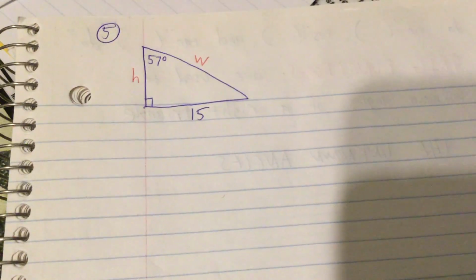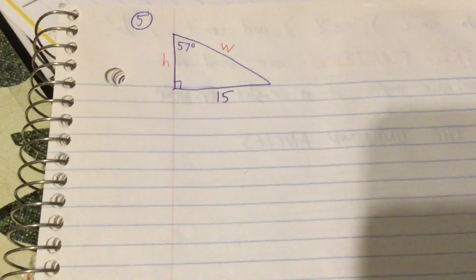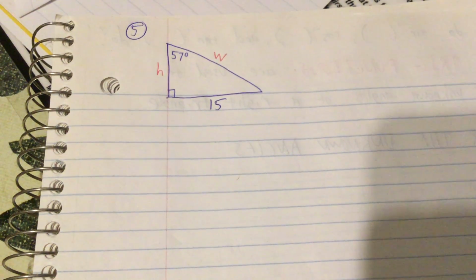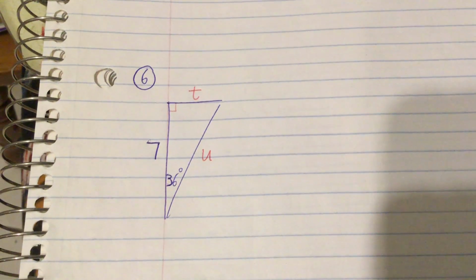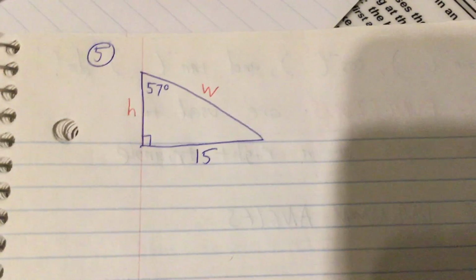Okay. All right. Number 5 and 6, we're going to be solving for H and W. And number 6, you're going to be solving for U and T. Okay, so let's start with over here.